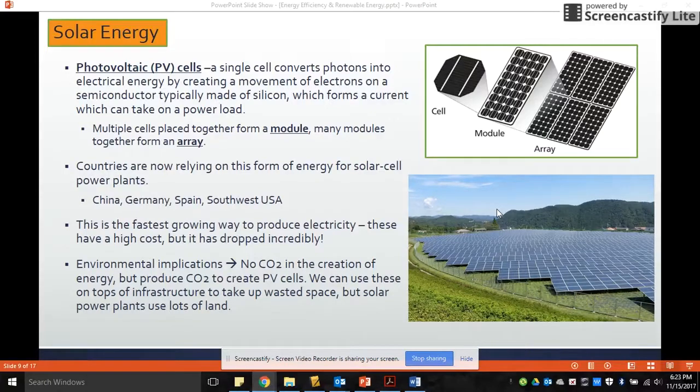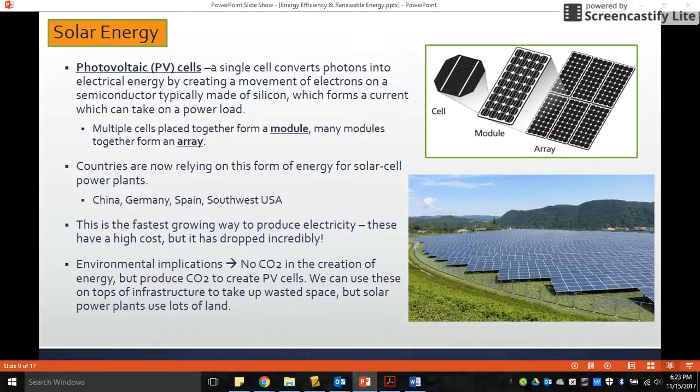But again, they do use a lot of land, which can reduce the amount of habitats or natural areas for different organisms. The countries that most utilize solar power plants are China, Germany, Spain, and the southwestern United States. Remember that these are very location dependent. So if you have more solar radiation, you will be able to utilize these more often.